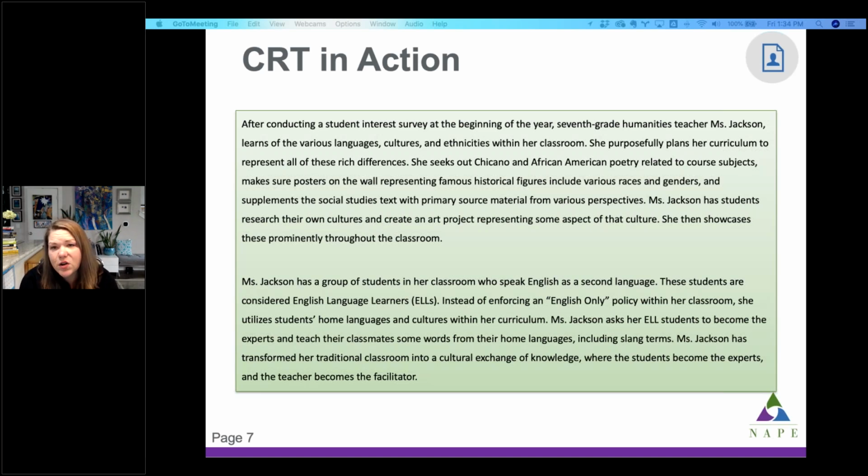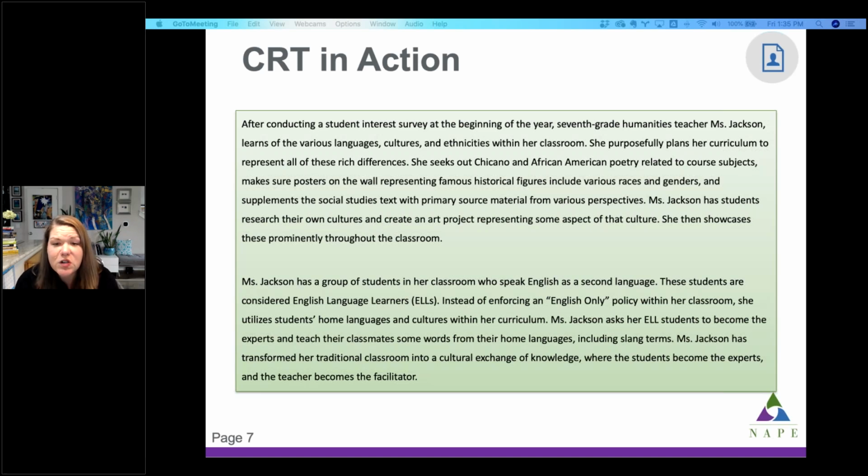She seeks out Chicano and African American poetry related to core subjects, makes sure posters on the wall representing famous historical figures include various races and genders, and supplements the social studies text with primary source material from various perspectives. Ms. Jackson has students research their own cultures and create an art project representing some aspect of that culture. She then showcases these prominently throughout the classroom.